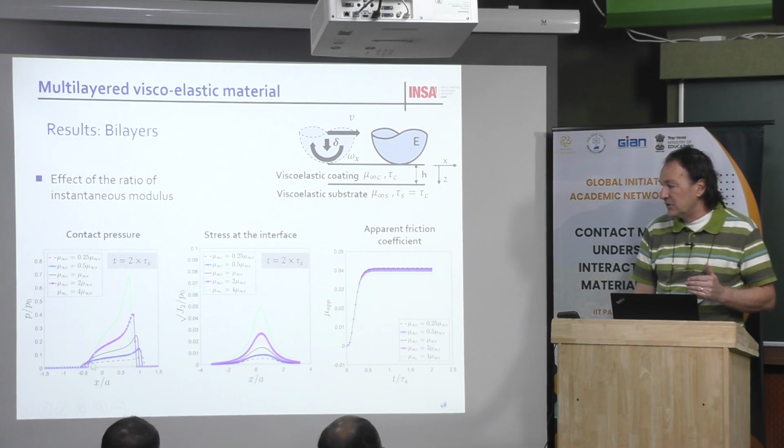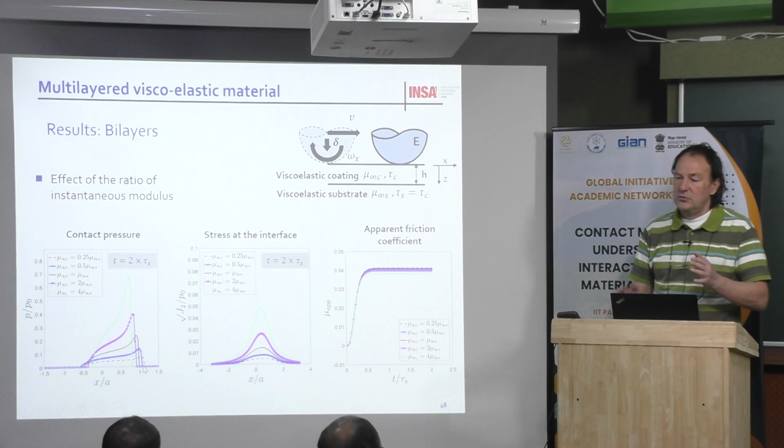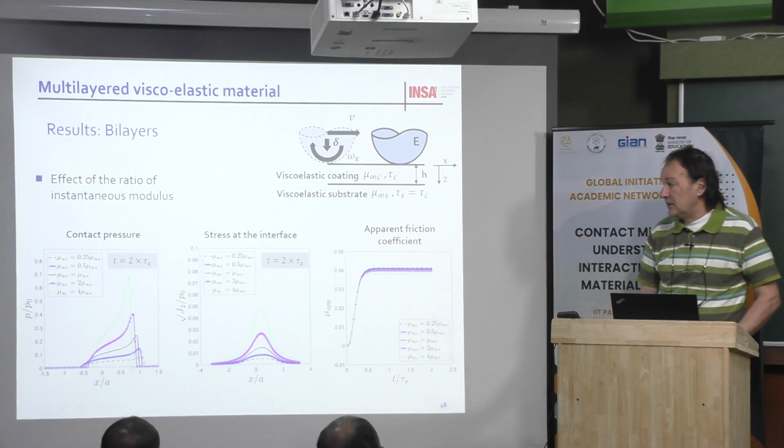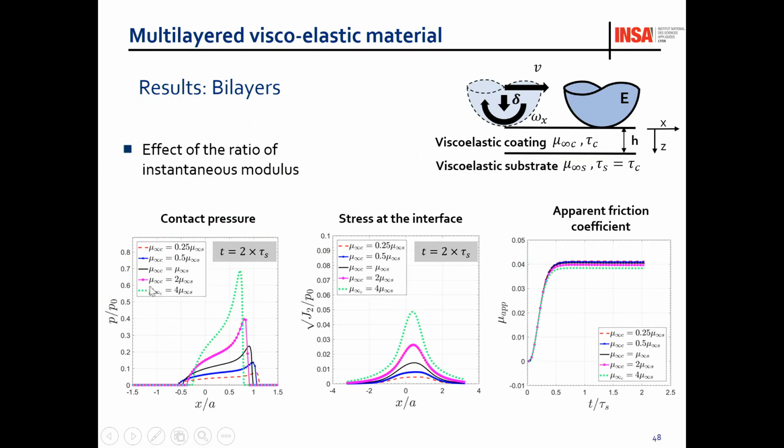This is why you have a decrease of the maximum pressure and you have a wider contact area. And at the opposite, when the coating has a Young modulus at infinity, then at the 0 frequency, which is 4 times higher than the one of the substrate, you observe a peak of pressure. And a significant increase compared to the homogeneous solution, which is the black one.